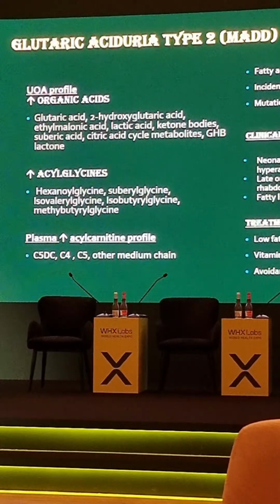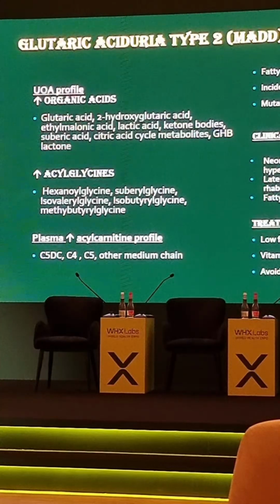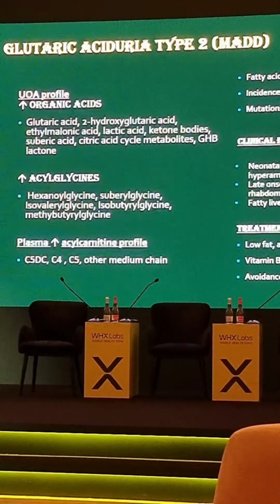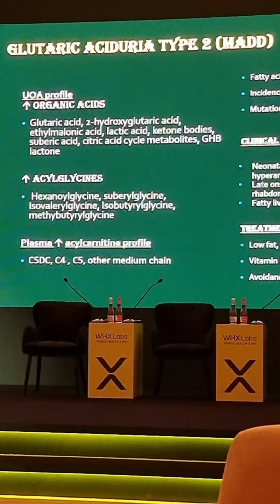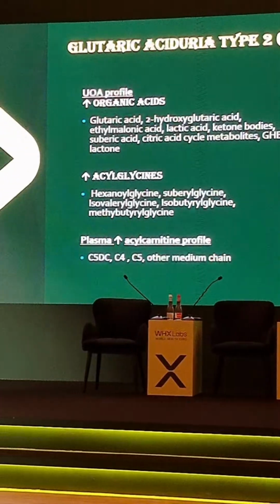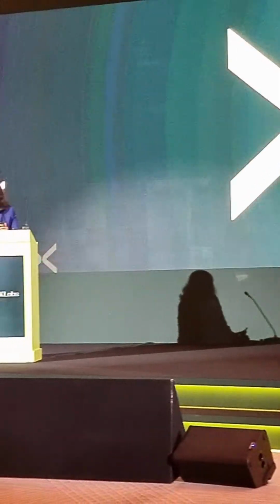You'll see glutaric acid, 2-hydroxyglutaric acid, ketone bodies, ethylmalonic acid, lactic acid, succinic acid, all these citric acid cycle metabolites, and you'll see elevation of several acyl glycines. In plasma acylcarnitine profiling, again you'll see several acylcarnitines elevated, the medium chain as well as the long chain ones.